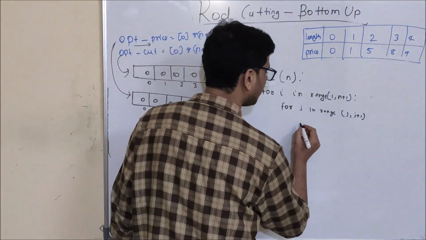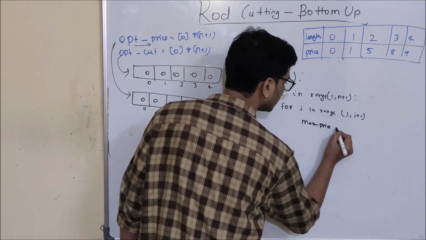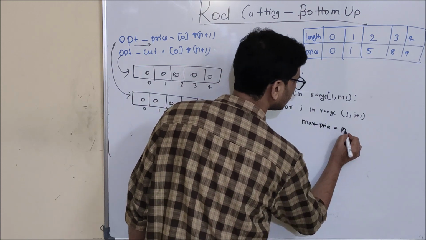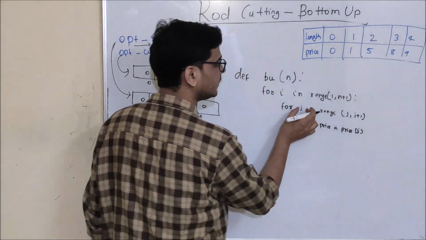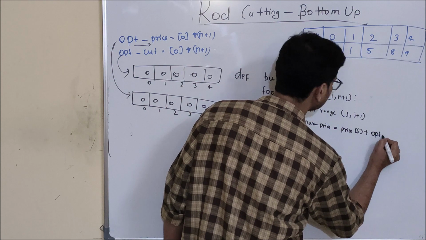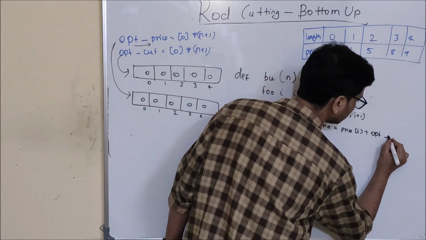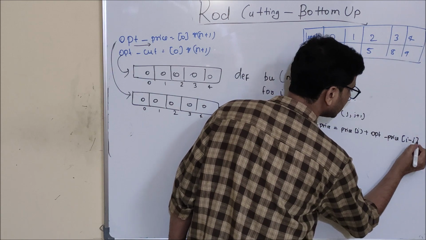And what is going to happen after that? I will calculate the max price. Max price equal to price of j. That is, I have given a j meter cut, and then in this opt price list, I will check the price of i minus j.